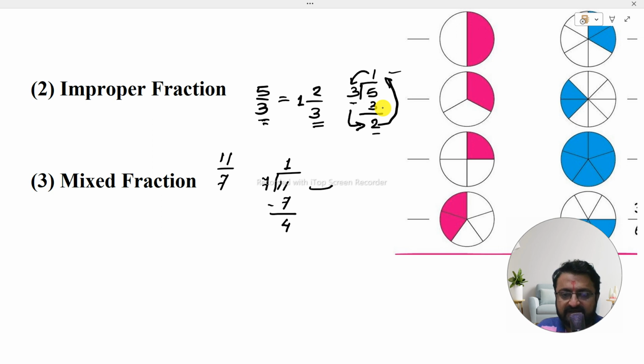The subtraction answer is 4. To get the answer, 7 will go downside, 4 will come upside, and 1 will come in the mid position. So this is the way you can convert an improper fraction into a mixed fraction.